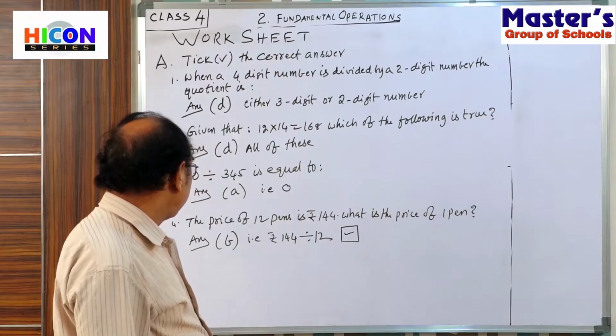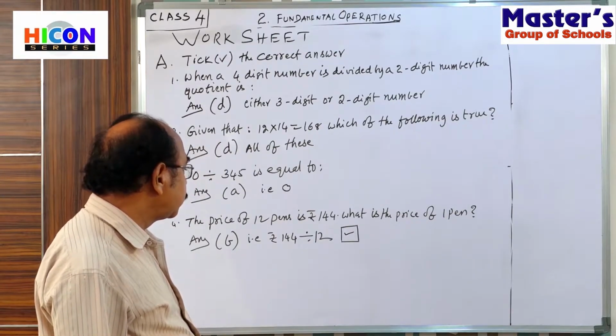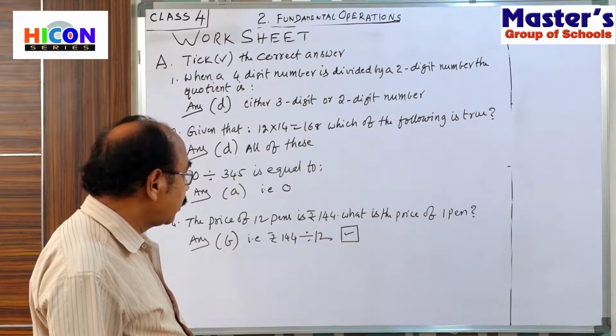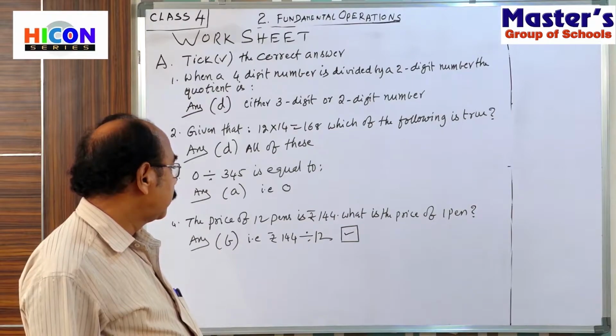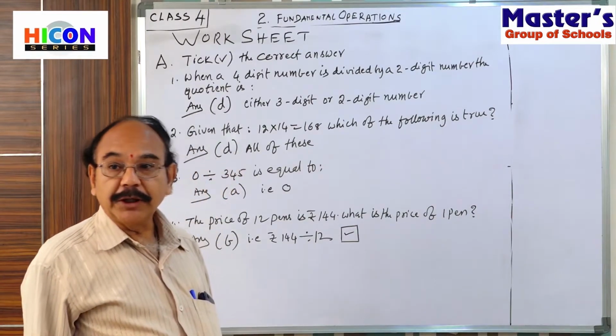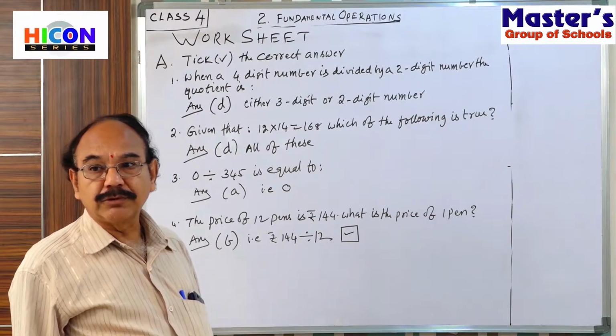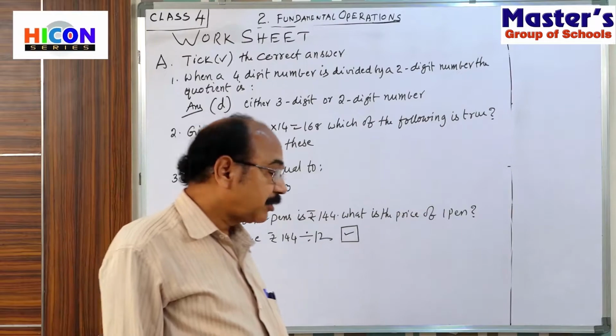Fourth one, see, the price of 12 pens is 144 rupees. What is the price of 1 pen? Here the unitary method is used. That means we are finding the cost of 1 pen.